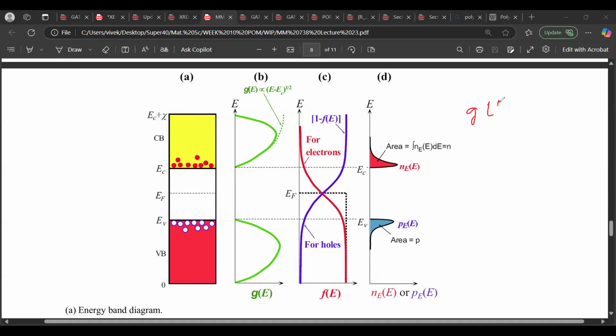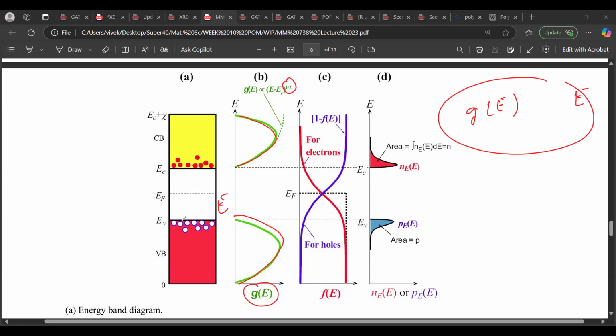How G of E changes with E, whether to the half power or whether it is constant. It depends on 1D, 2D, 3D. For 3D, of course, we're talking about 3D. You see how G of E is changing with the energy.